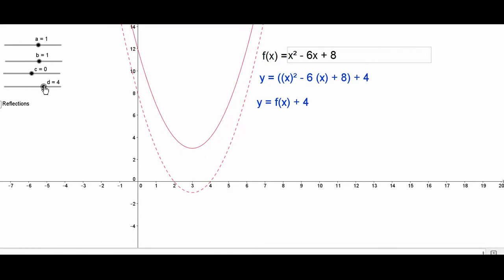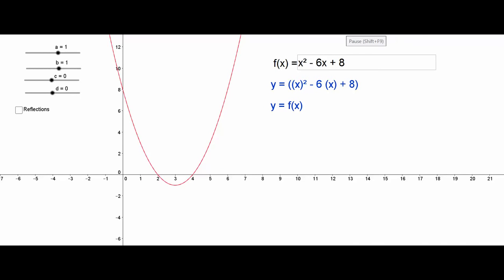So this, for instance, is a translation of factor 4, as here we have moved up 4, translation of factor 4 parallel to the y-axis. So we say what it is, a translation, by how much, a factor 4, and the direction, parallel to the y-axis.